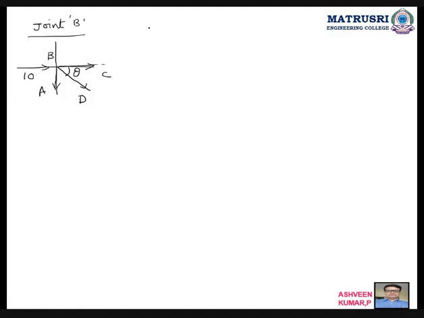You can go for sigma F of y is equal to 0, F of y downward, so minus PAB downward, this is also downward, minus PBD, x axis cos theta, y will be sine. So sine 36.87 is equal to 0.